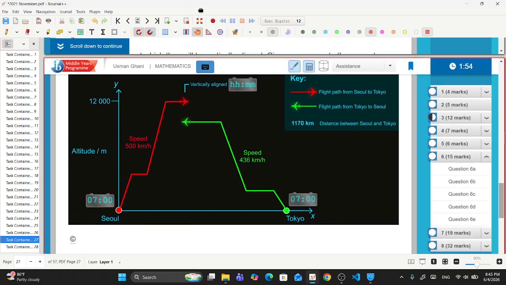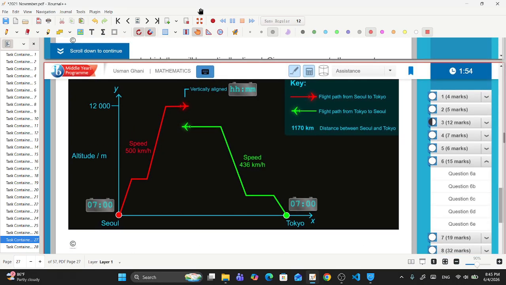What we know is that we can write one value of the distance traveled with reference to x and one value with a negative of x. What do I mean by that? Look, the distance between Seoul and Tokyo is 1170 kilometers.